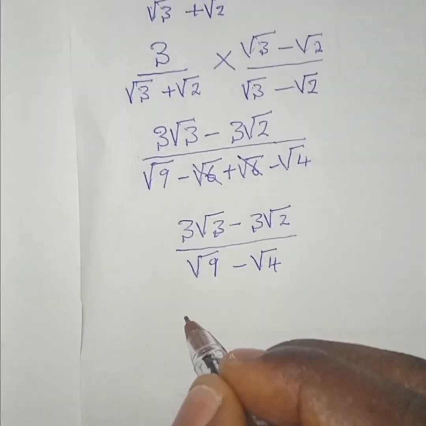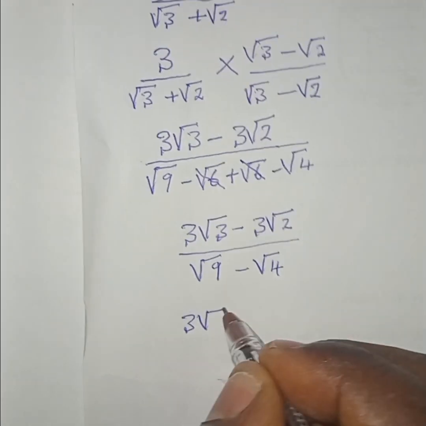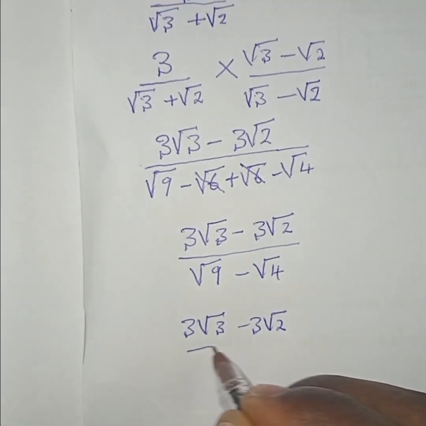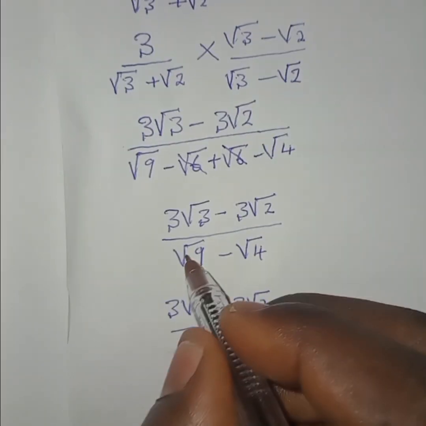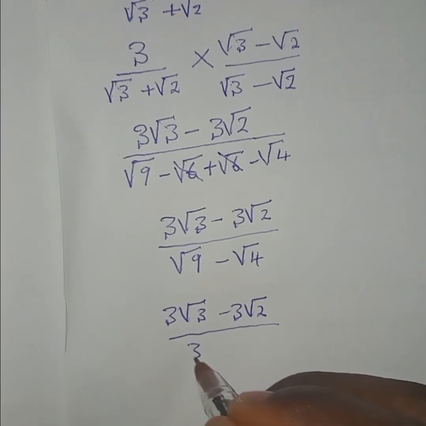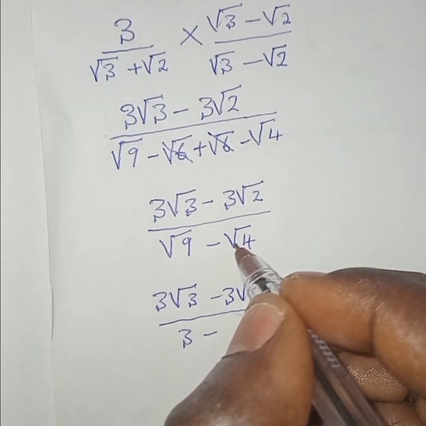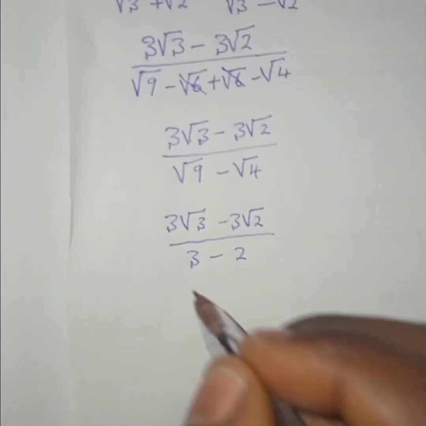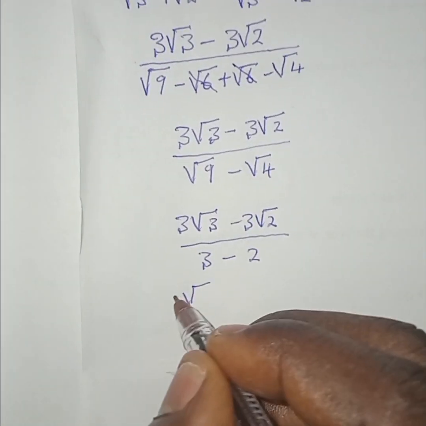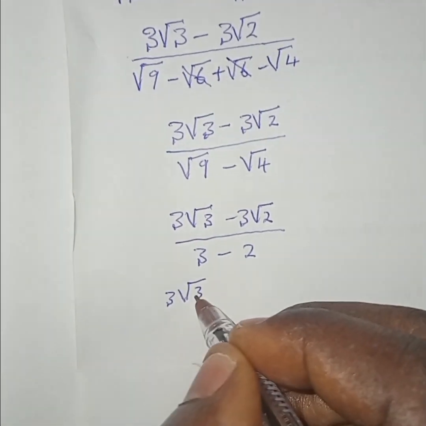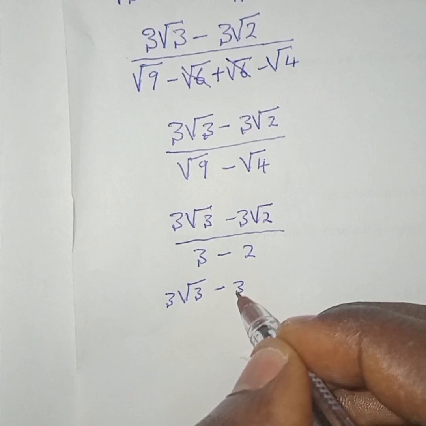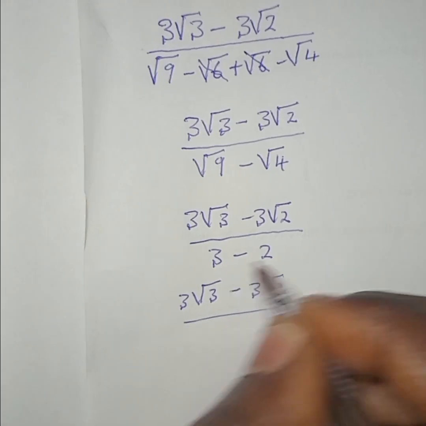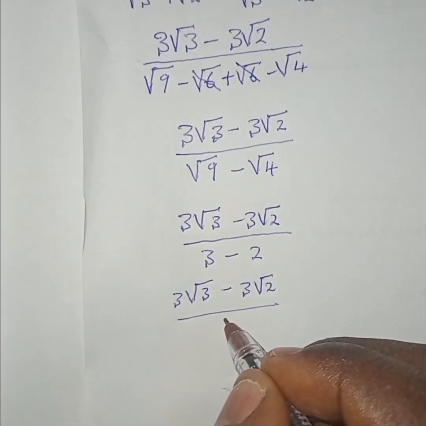So we come down again: 3 square root of 3 minus 3 square root of 2 over, now square root of 9 will give us 3, and square root of 4 will give us 2. So the next thing, 3 square root of 3 minus 3 square root of 2 over 3 minus 2 gives us 1.